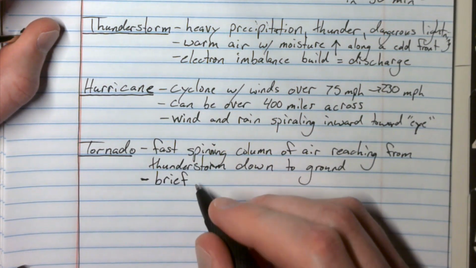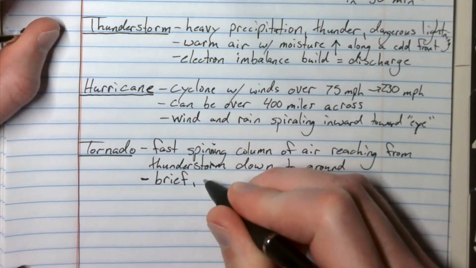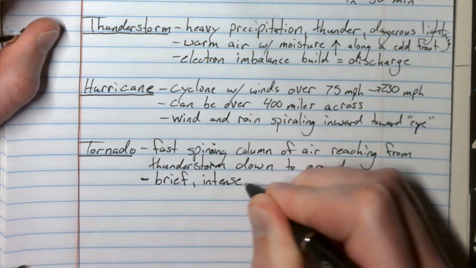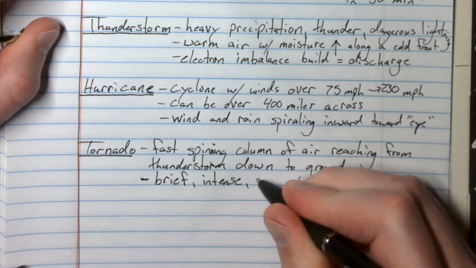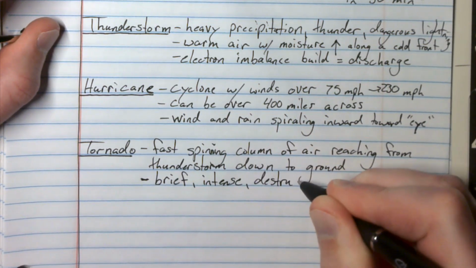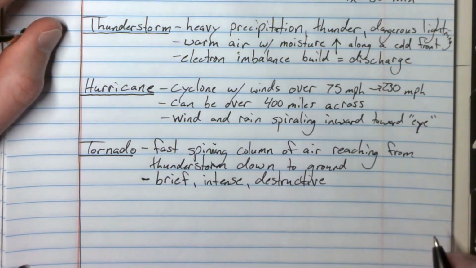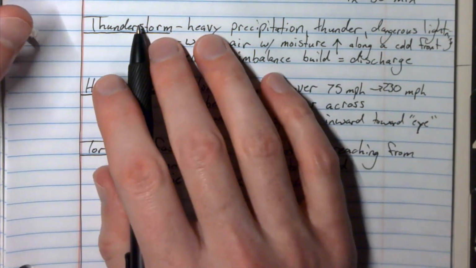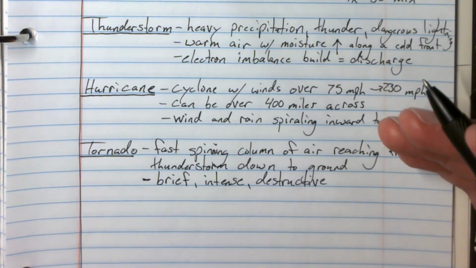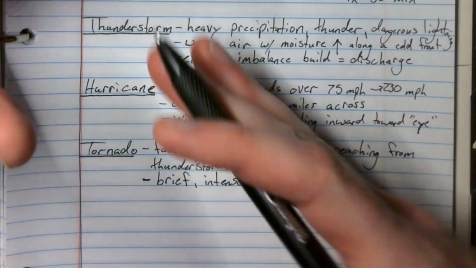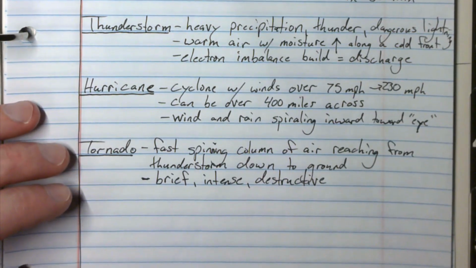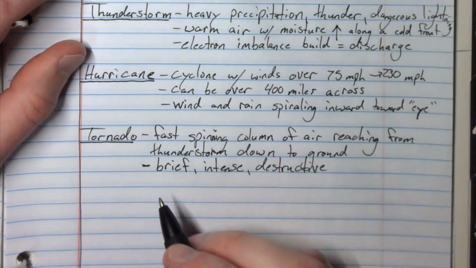But they can last longer, but brief, intense, and destructive. And we can have these with thunderstorms because we have this warm air and then the cold air pushing it up. What can happen is, let's draw a picture.